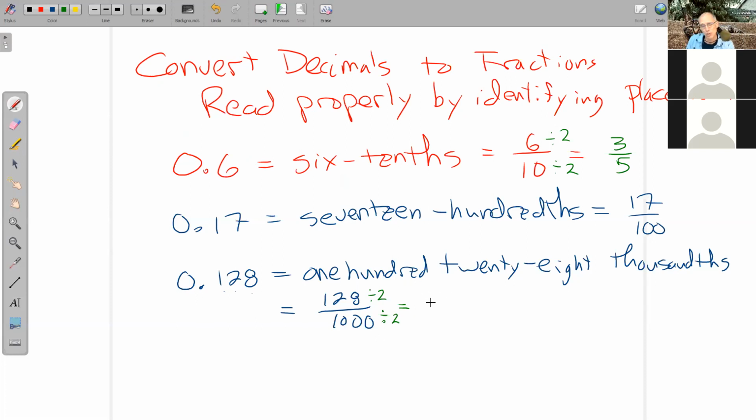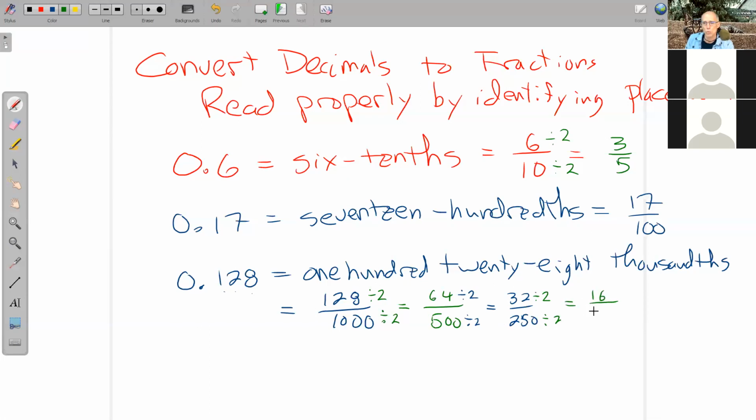So half of 128 is what, 64 over 500, and they're still even, right? So we just keep working that pattern. Convenient divisors. Half of 64 is 32, half of 500 is 250. Oh my gosh, they're still even. When will this ever end? Someday, eventually, it has to.